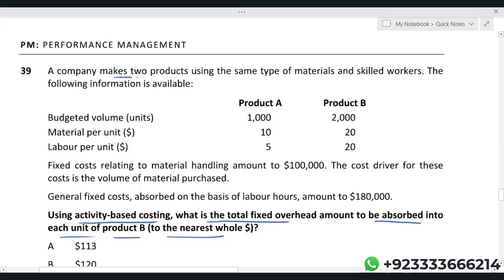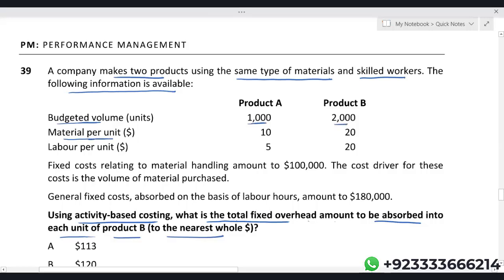A company makes two products using the same type of materials and skilled workers. The following information is available. Budgeted volume 1,000 and 2,000.